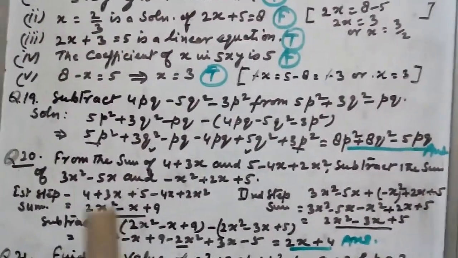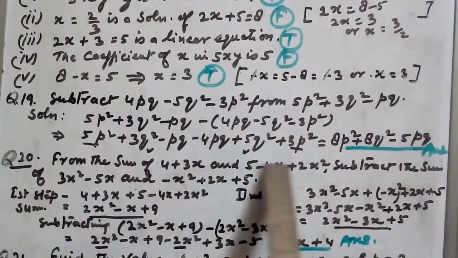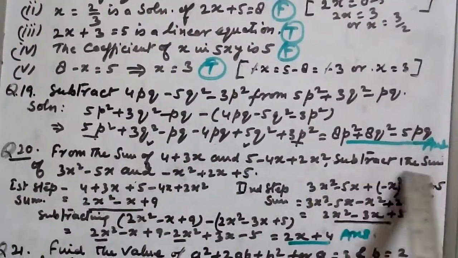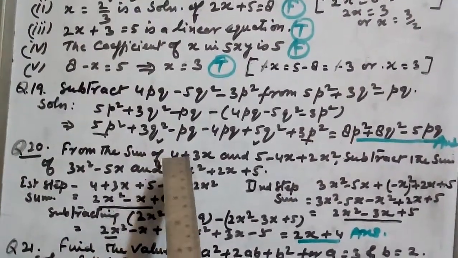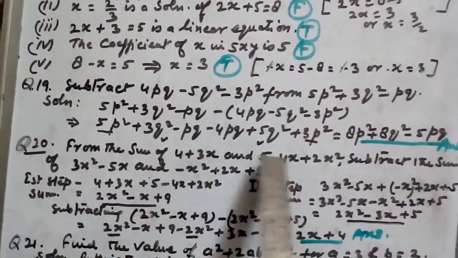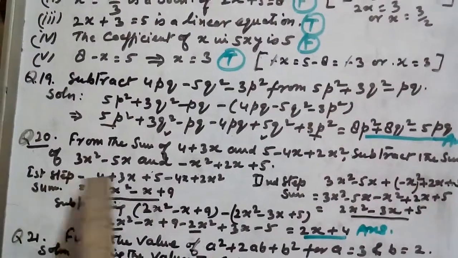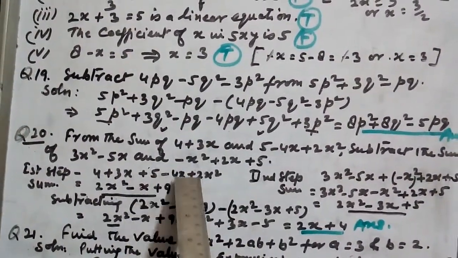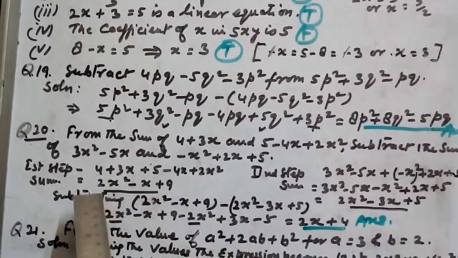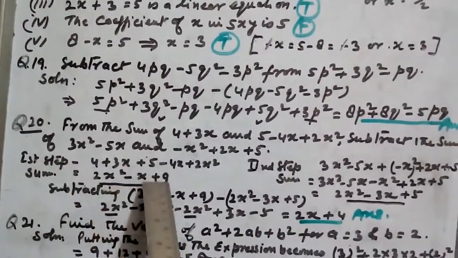Now the next question: from the sum of these two terms, subtract the sum of these two terms. Children, first we have to sum these two terms. The first sum is 4 plus 3x plus 5 minus 4x plus 2x square. The sum becomes 2x square minus x plus 9.